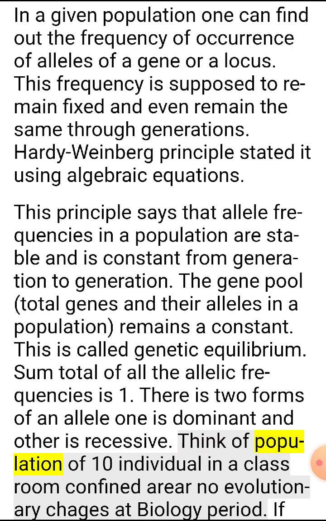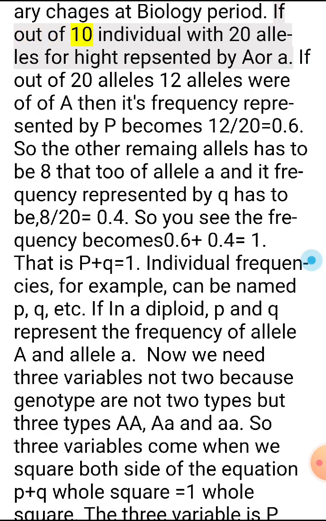Think of a population of 10 individuals in a classroom, a confined area, with no evolutionary changes during the biology period. Suppose the 10 individuals have 20 alleles for height, represented by A or a. If 12 of the 20 alleles were A, then its frequency, represented by p, becomes 12/20 equals 0.6.